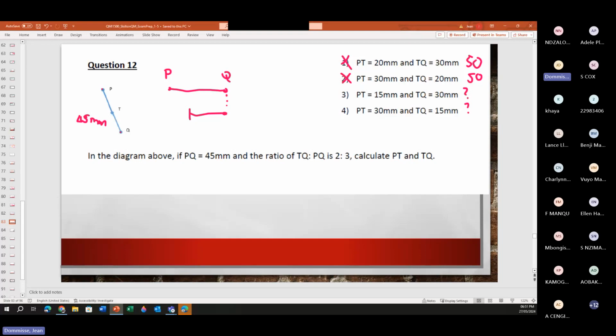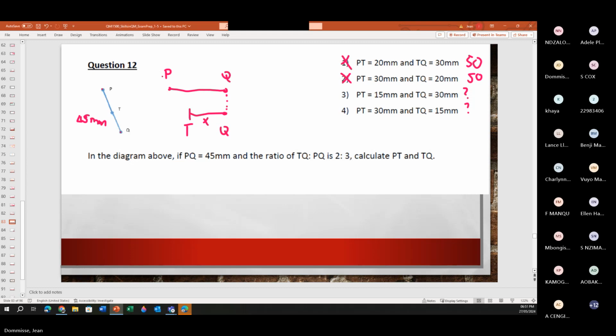Still Q. And this is T. Okay, so now you can see that PQ is longer than TQ.